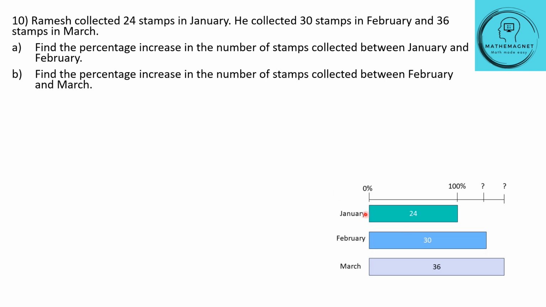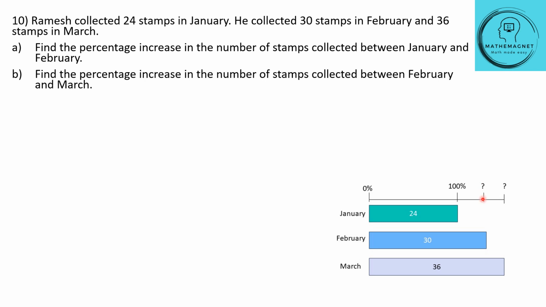So this is your 100%. Now in February it becomes 30 stamps. So 30 stamps, how much is your percentage increase? They want you to find this. By how much percentage has it increased in February compared to January, and same way, by how much percentage has it increased in March compared to February.